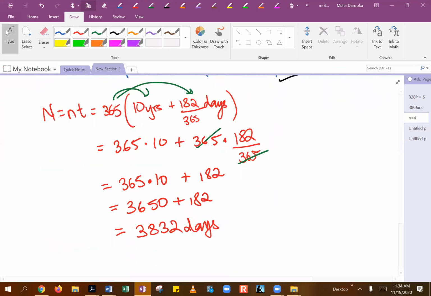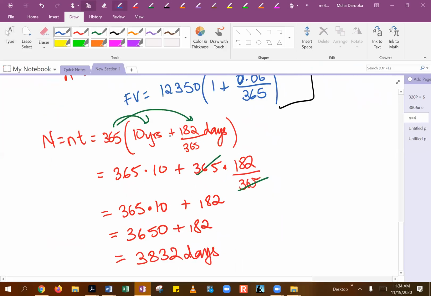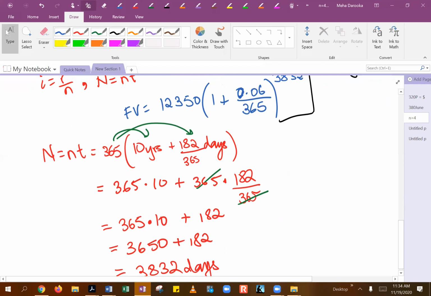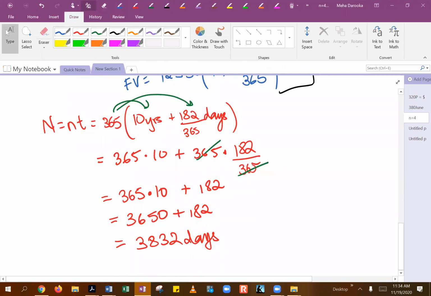So to calculate what your exponent will be, you are taking these 10 plus 182 over 365, and you still have to multiply into that daily compounded value of 365. So essentially what happens is you just end up multiplying 365 into 10.